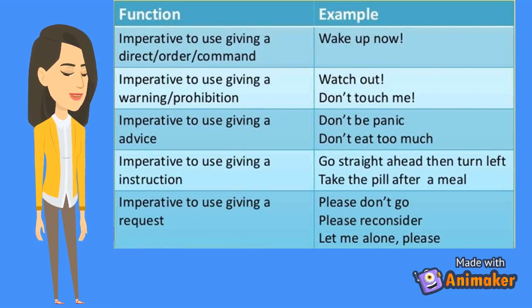Giving advice, don't panic, don't eat too much. To give a request, for example, please don't go, please reconsider, please leave me alone. For giving instruction, take the pill after a meal.